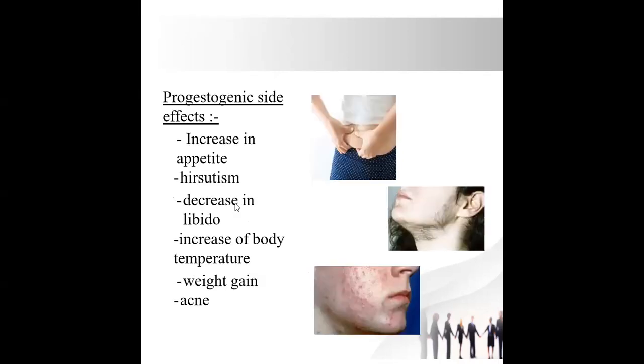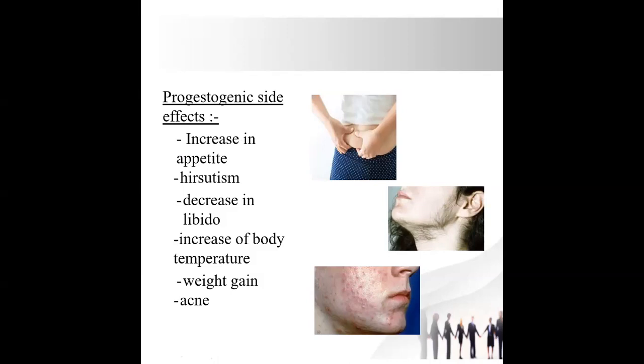When you look into the progestogenic side effects, there is an increase in appetite, hirsutism, decrease in libido, increase in body temperature, weight gain, and acne. So these are the progesterone related side effects or adverse reactions.